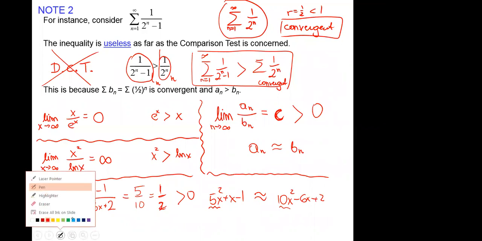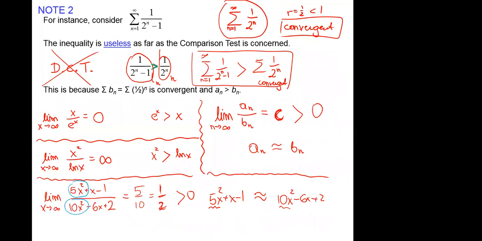Because what is important, we're not looking at the relation, because direct comparison is not working. I'm not even looking at the inequality between the two formulas; this is my new way. The only thing I'm looking for is the limit with the positive finite number.